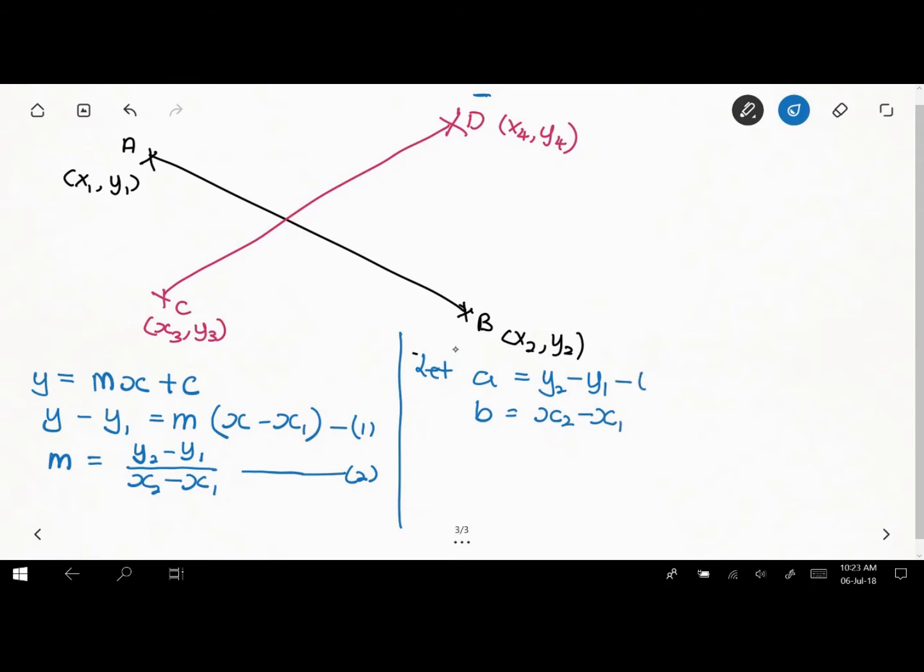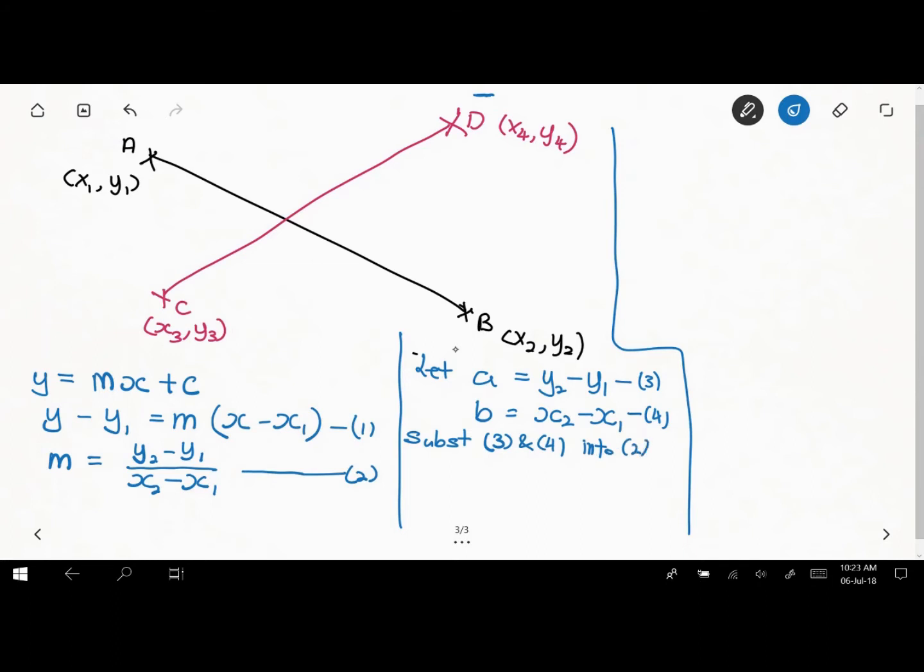So we have equation 3 and equation 4. Of course, we can rewrite all these things, substituting 3 and 4 into 2.